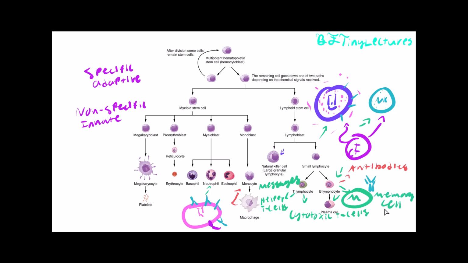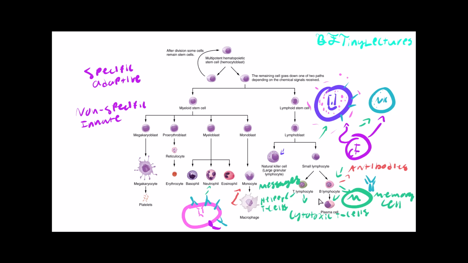And essentially it says, hey, I'm going to remember that we fought this bacteria. So if that bacteria comes again, maybe in a week or in 10 years or 20 years, I know how to deal with it. I'm not going to forget how we killed this bacteria. I'm not going to forget how we eliminated this virus. I'm not going to forget how we eliminated this worm or parasite.